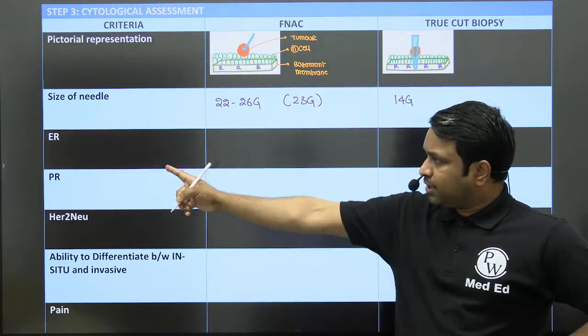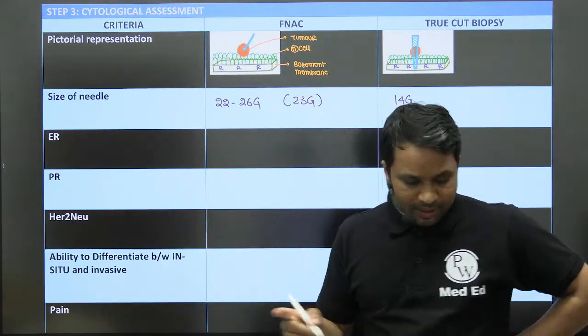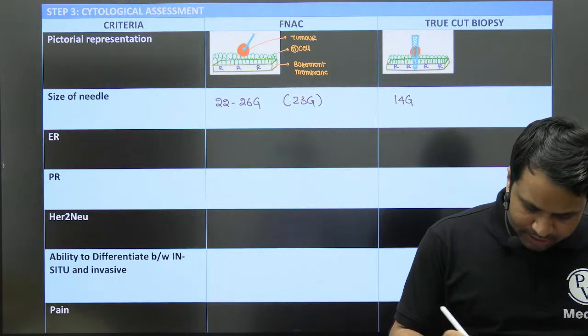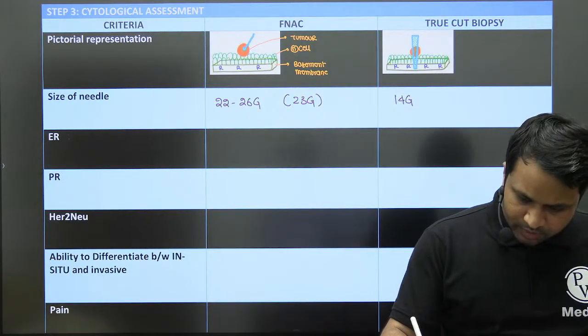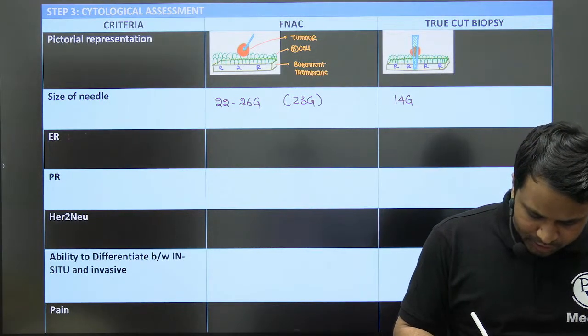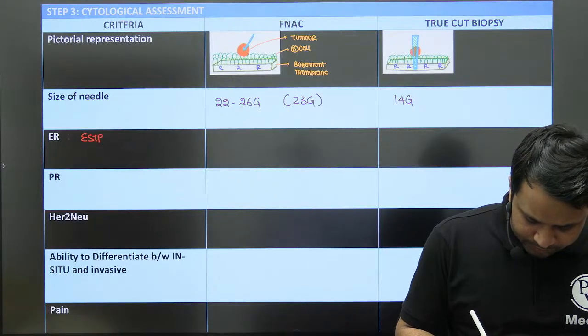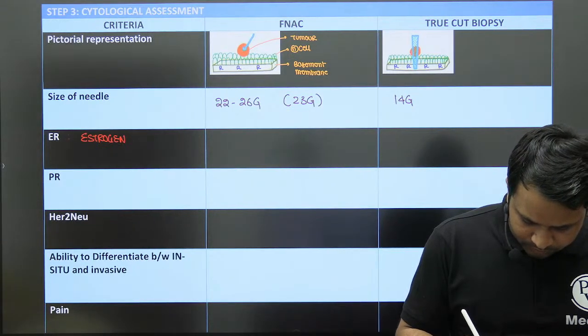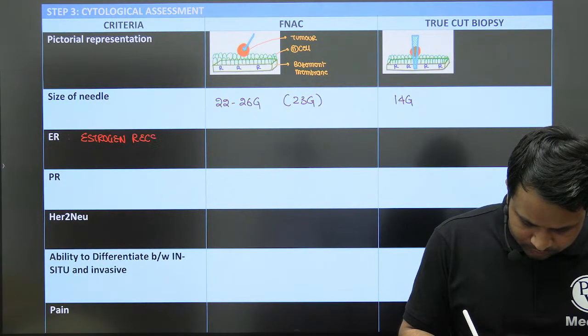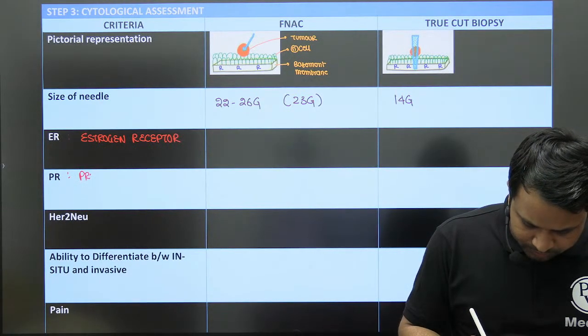Now you have the estrogen receptor and the progesterone receptor. ER stands for estrogen receptor. PR stands for progesterone receptor.